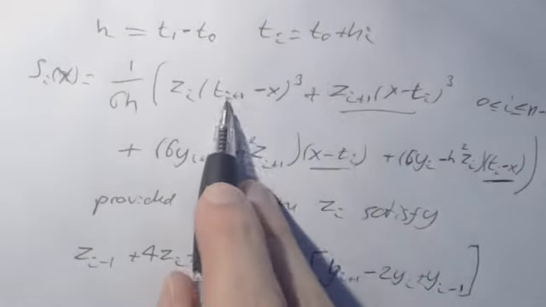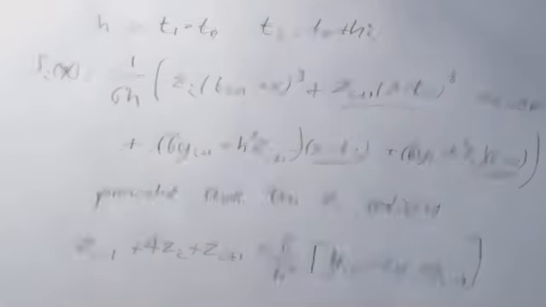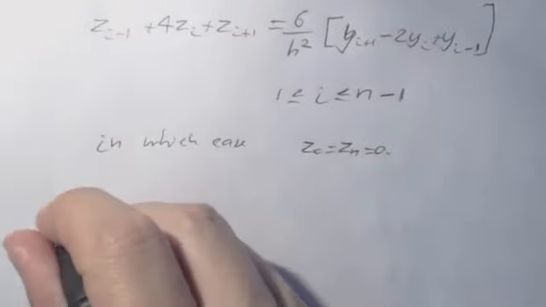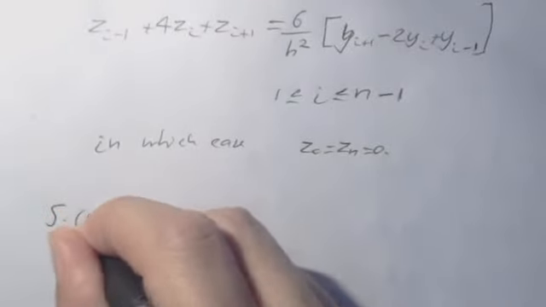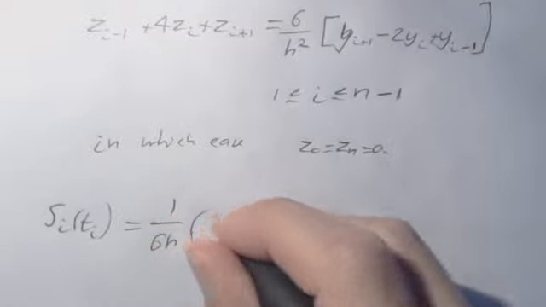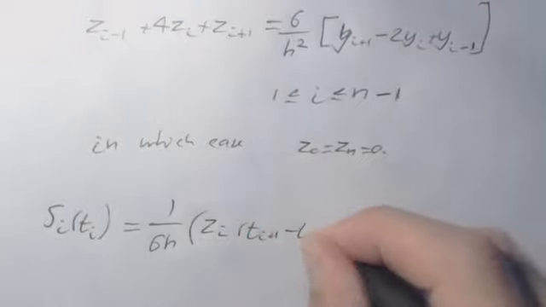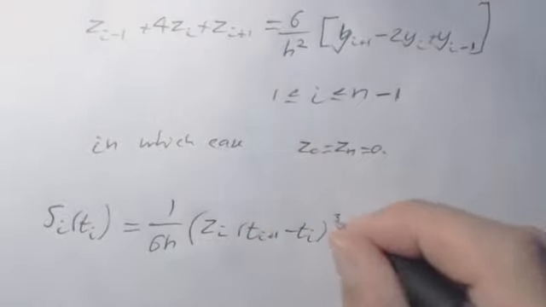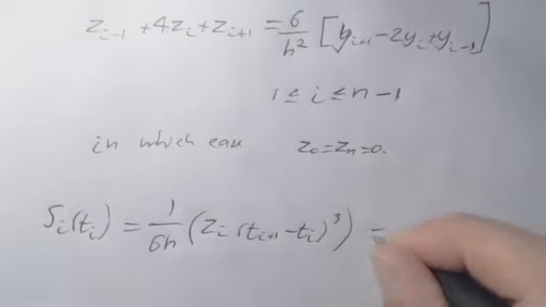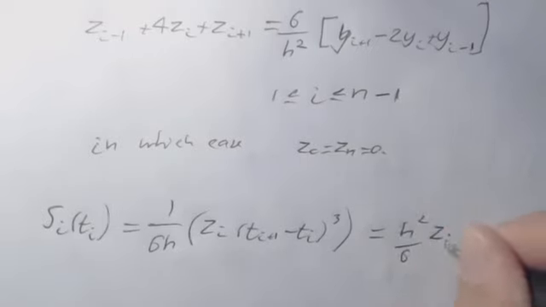And t_{i+1} minus t_i is going to be h. So we will have S_i(t_i) equals 1 over 6h z_i (t_{i+1} minus t_i) cubed, equals h squared over 6 z_i. Is that right?